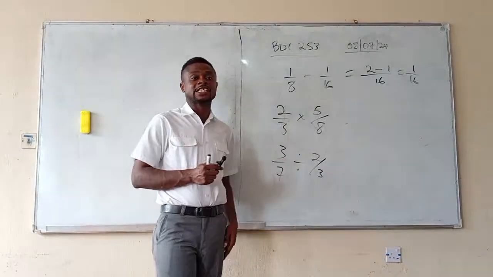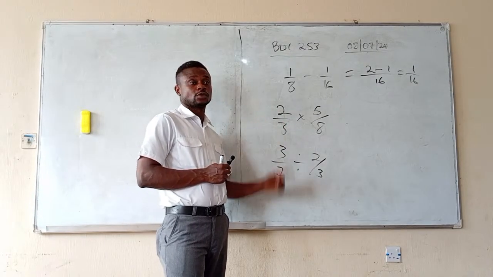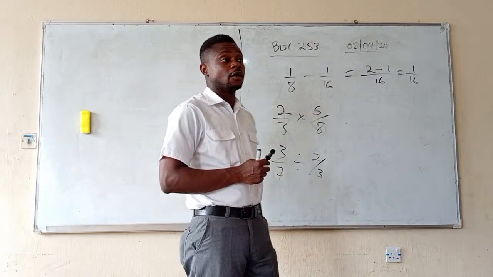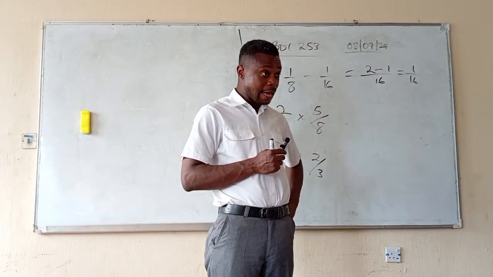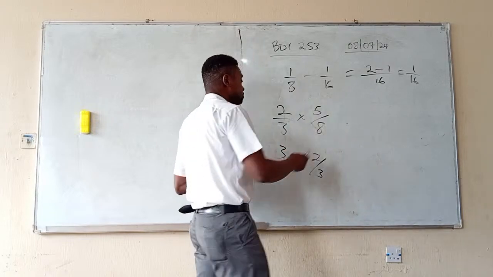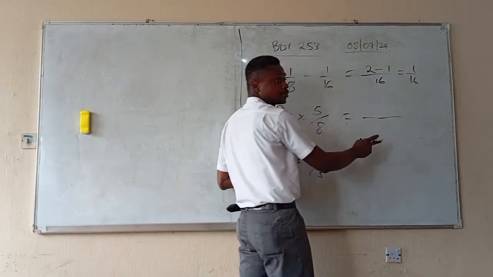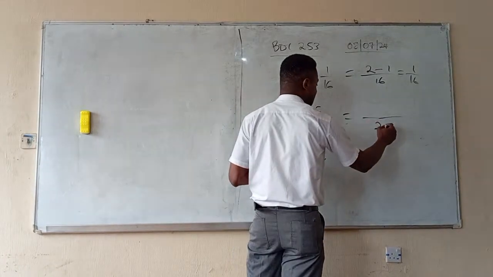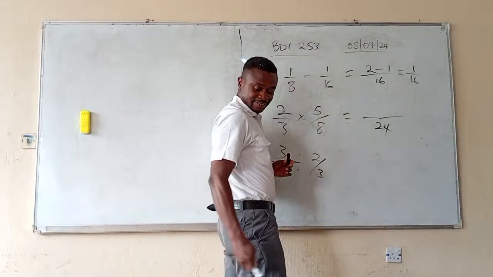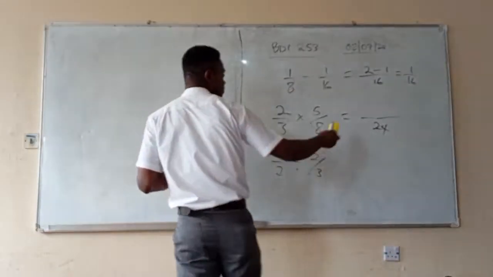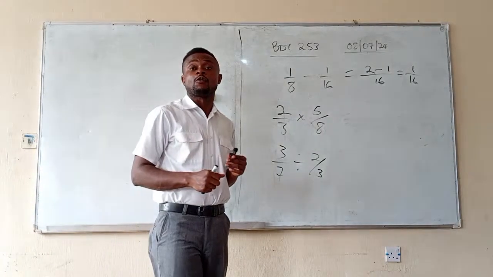2/3 times 4/8, what is it? I want to know, just tell me the principle. So what do we do? Before the LCM, all right, let's find the LCM. What is the LCM? Tell me.